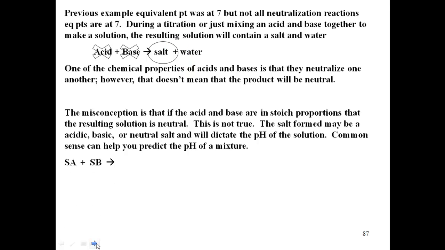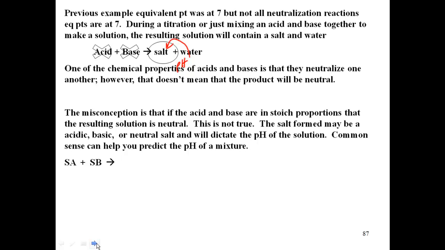Let's look, for instance, at a strong acid and a strong base. What happens to a strong acid? It ionizes 100%. What about a strong base? 100%. We're talking stoichiometry, they're the same amount, so we're going to be neutralizing. For every drop of strong acid it breaks up, it's a drop of hydronium, and for every drop of strong base, it's a drop of hydroxide. Since it's stoichiometric, the H+ and the OH- are going to cancel out.